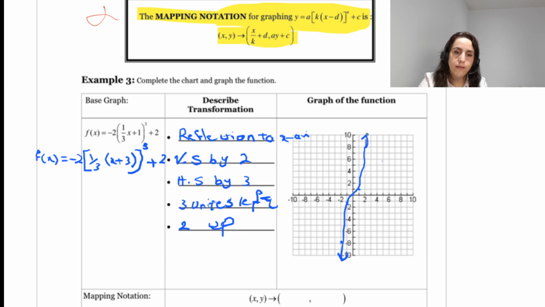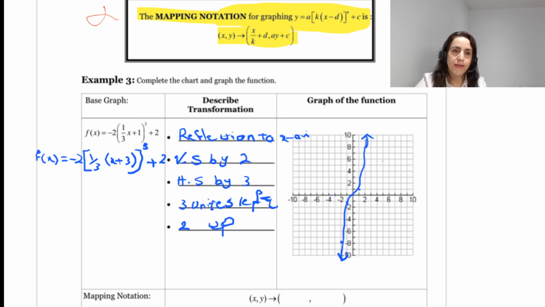Okay, it's almost x to the power of 3, reflected over the x-axis, vertically stretched by 2, horizontally stretched by 3, and 3 units to the left and 2 units up.